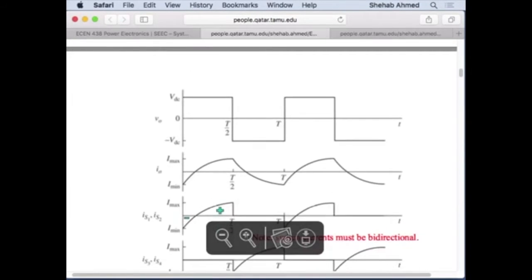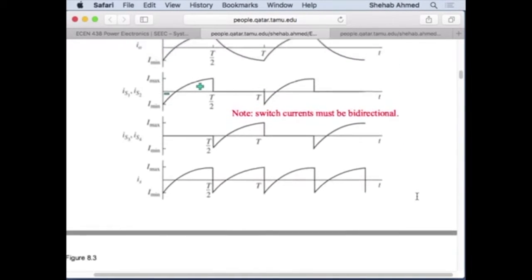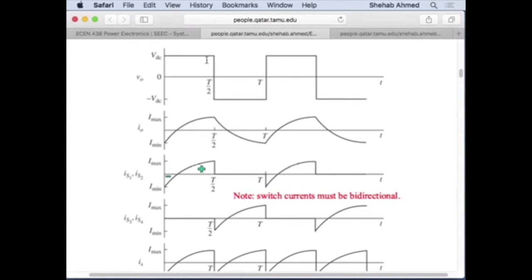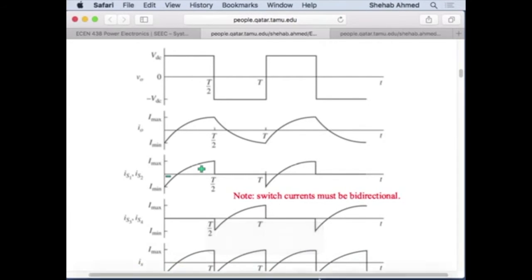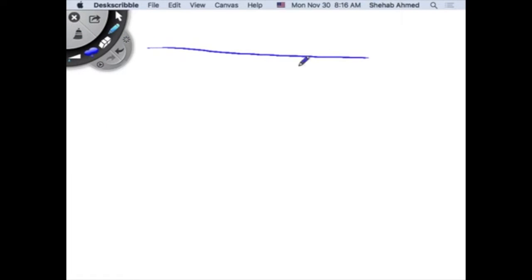And then one thing I would like to note again is, over here when we have VDC on the output, we have certain switches on, right? So if we go back to our circuit, our circuit looked like this.